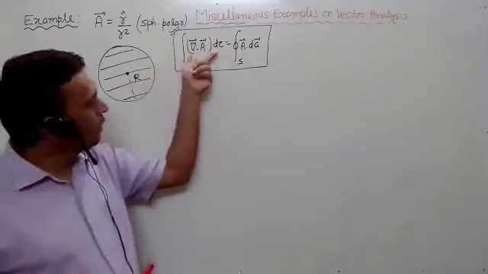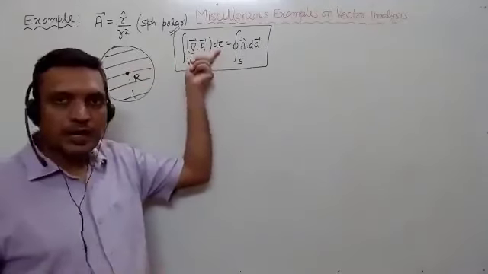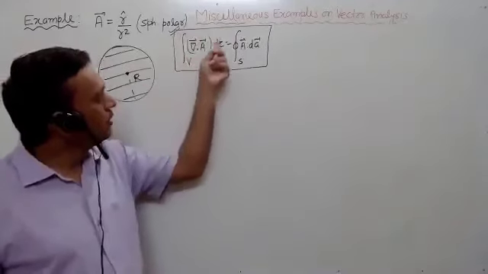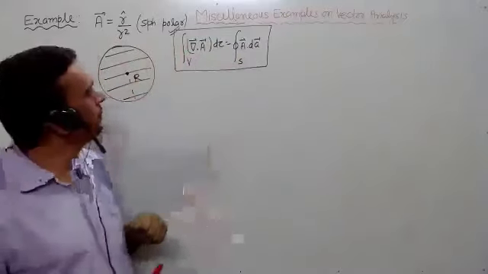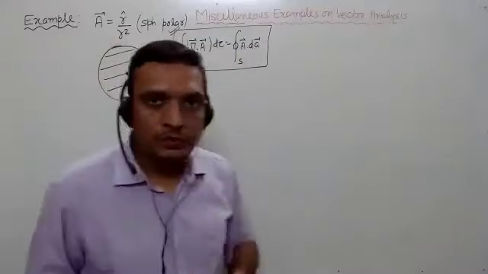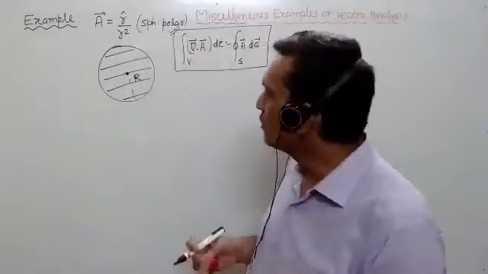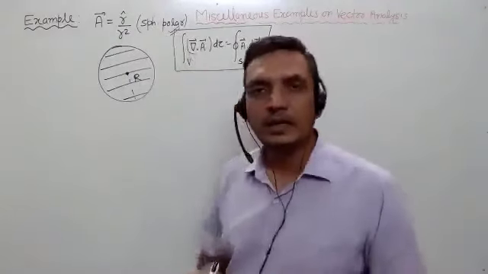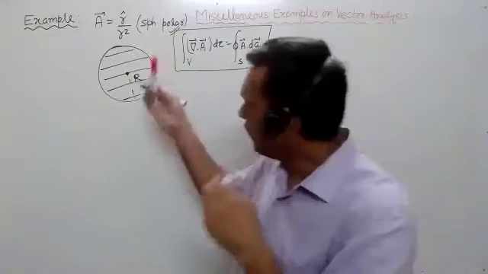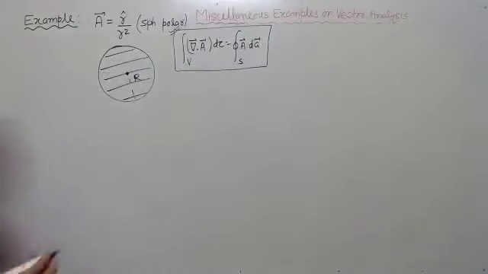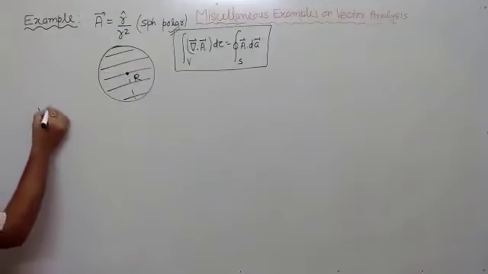So first you have to calculate left hand side, divergence of A, and then this volume is surrounded by closed surface. So whenever you have to verify divergence or Stokes theorem, you have to calculate divergence of a vector or curl of a vector. So let us first see what will be divergence of A in a spherical symmetry.